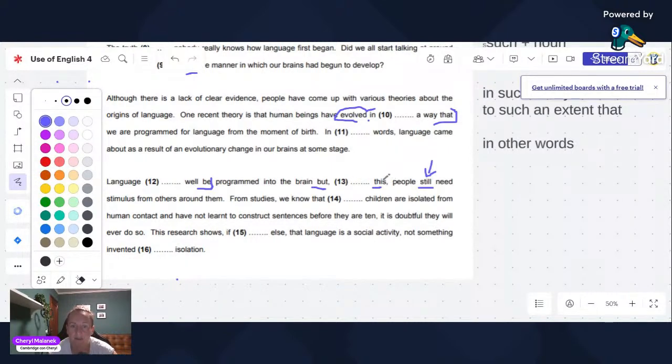Despite this. Yeah. So this is the answer here, despite this. So you've got a clue here with still. Yeah, this is our big clue. But we need to read the whole sentence and see the 2 contrasts there. Okay. So this is testing us on grammar here. No? Knowing despite. Being able to see the clues. Yeah.